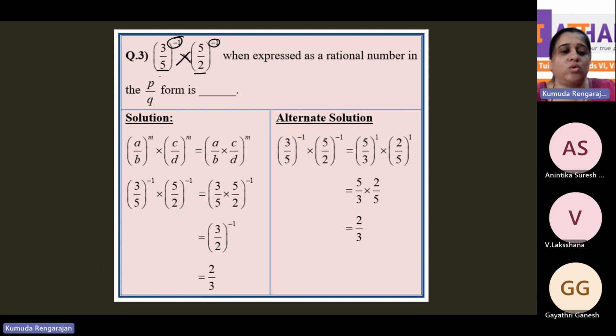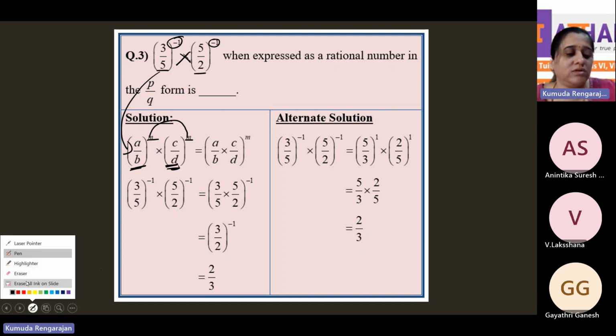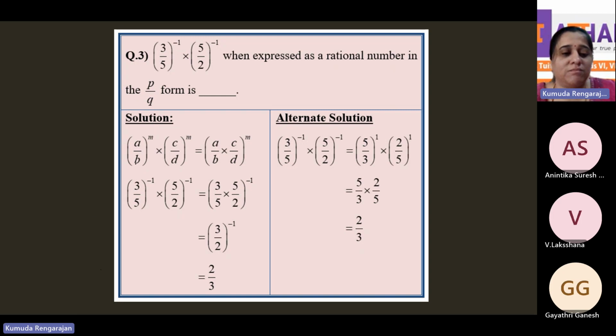So this goes with the rule a by b to the power m into c by d to the power m. The powers are the same, m. Bases are different, a by b, c by d, but the powers are the same, m. So what is the rule? This is equal to multiply the bases, a by b into c by d, the whole power m.